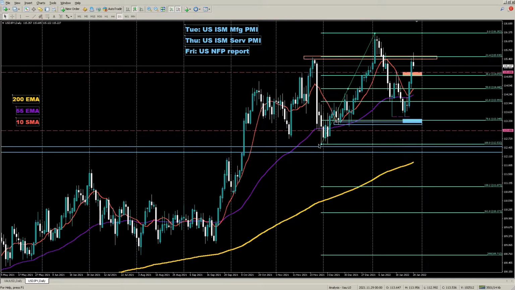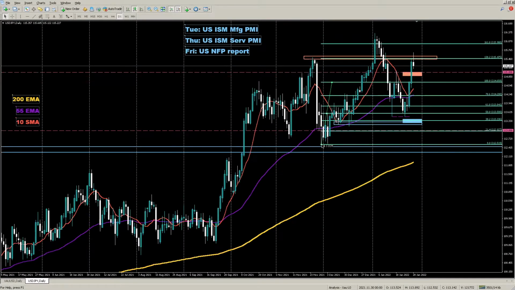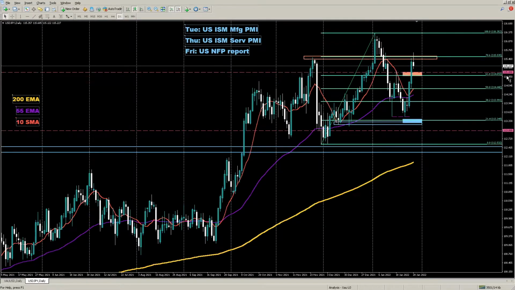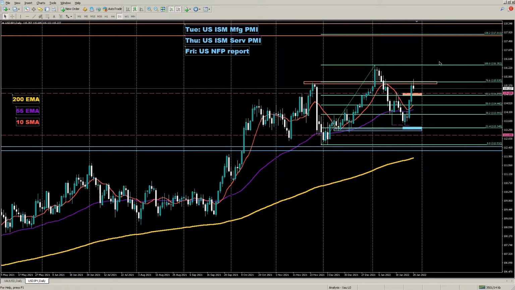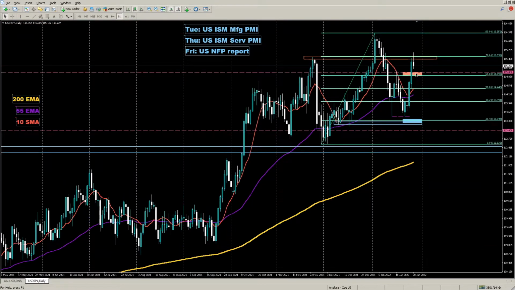If it does, then we'll need to flip this around. See how far it will continue, but for now this is support, and this will be the immediate resistance at this recent swing high.